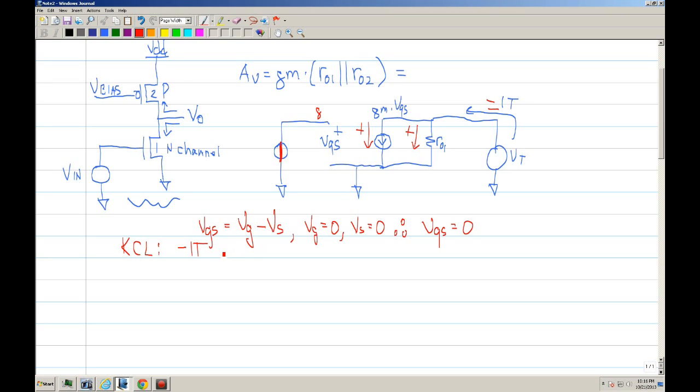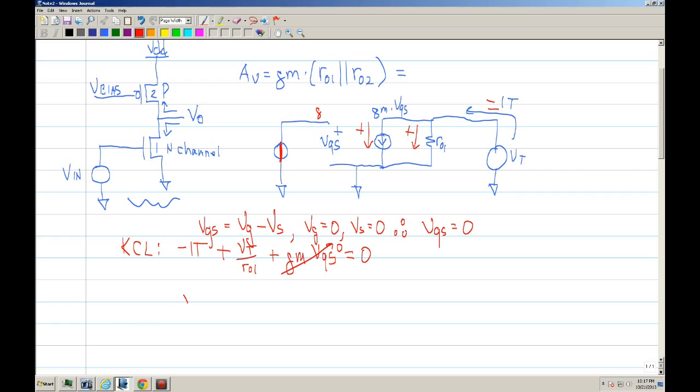Okay, so we end up with negative iT, and then we define this current. That current would be vT divided by r sub 1, and it's a plus, and then we have gm vgs, all of that equal to 0. Now since vgs is 0, this term is 0.